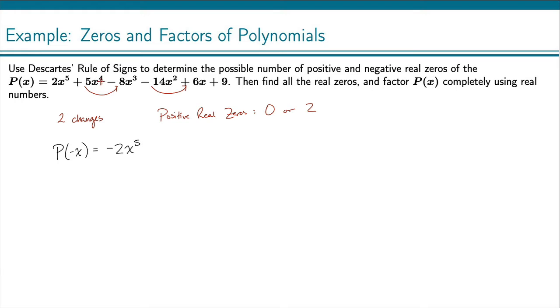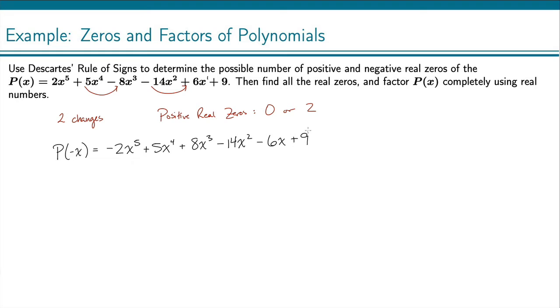Here we've got an even, so plus 5x to the fourth. Here an odd exponent, so plus 8x cubed. Here an even, so minus 14x squared. Here an odd exponent, so negative 6x, and then plus 9.